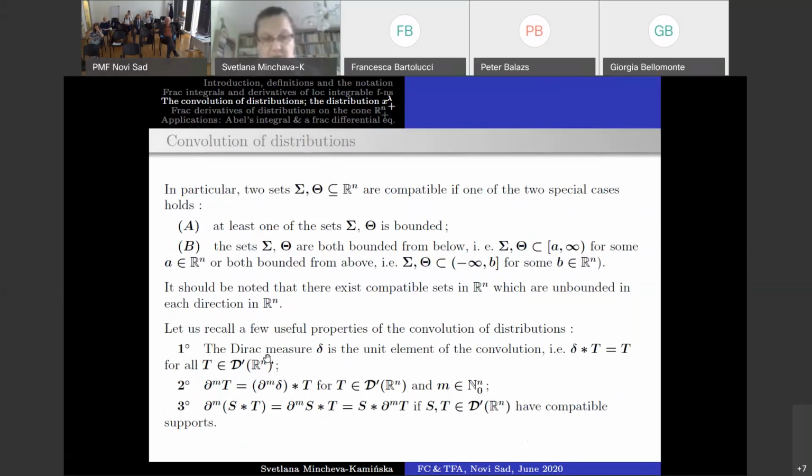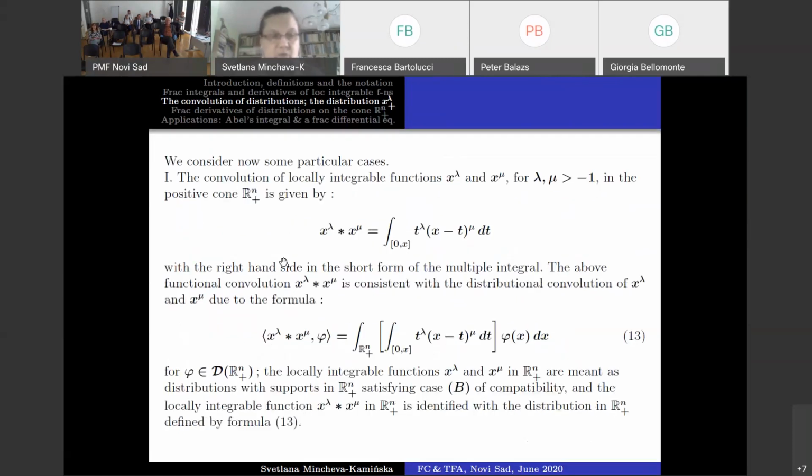We know that the delta Dirac measure is a unit element of convolution in the space of distributions, and also the derivative of natural order m of distributions may be represented as a convolution of the derivative of order m of delta Dirac measure with the distribution T. Here is presented also the commutativity of convolution.